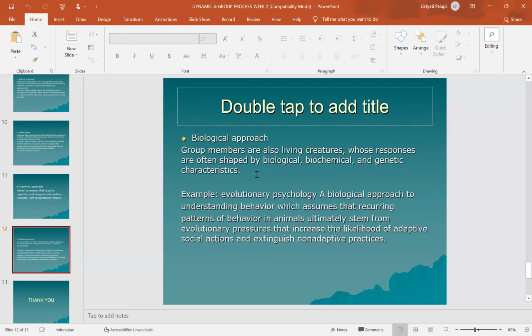Okay, so today we've discussed the study of group dynamics. We've learned about the measurement tools that are usually used by scholars in the field. We also learned about the research methods that are applied, and the perspectives that lie behind the theories in group dynamics.